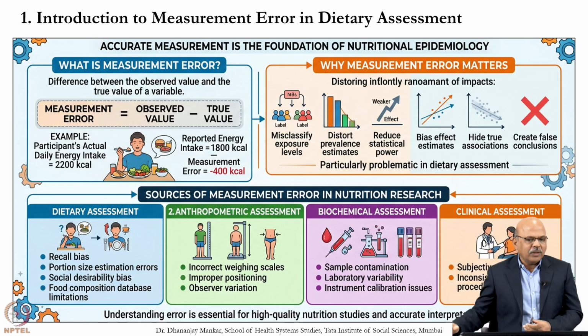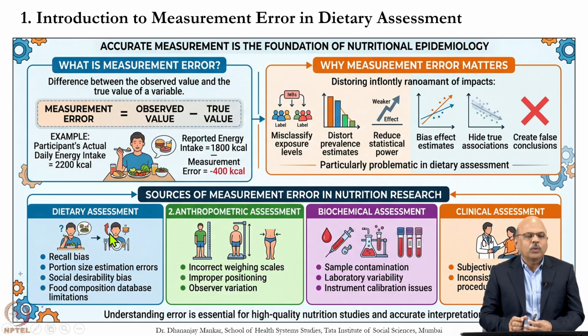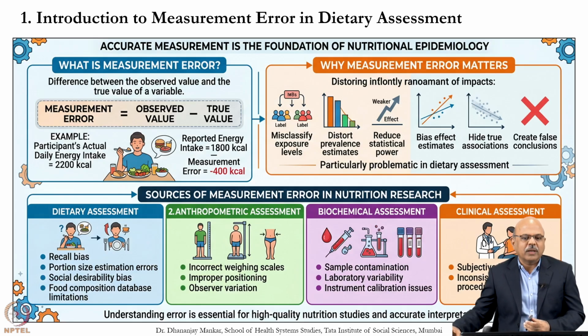What are the sources of measurement errors in nutritional research? In dietary assessment you will get recall bias, and even portion size estimation errors and social desirability bias. A lot of food consumption database limitations also create errors in dietary assessment. Then comes anthropometric assessment.